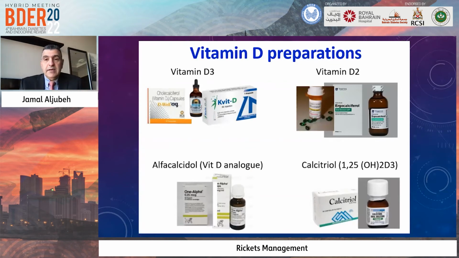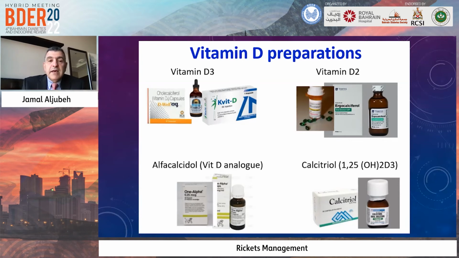So a few points about vitamin D. For patients who are vitamin D deficient, we use either vitamin D3 or vitamin D2. Both of them will do the job. D3 tends to be a little bit more potent with more bioavailability, so you can achieve the same results with relatively lower doses, but either one at the appropriate dose will do the job.